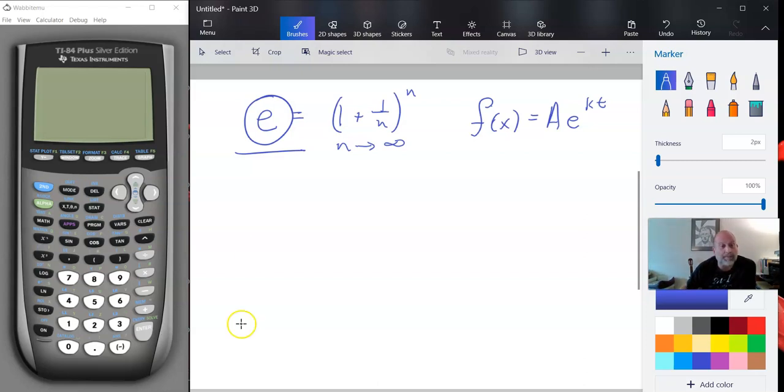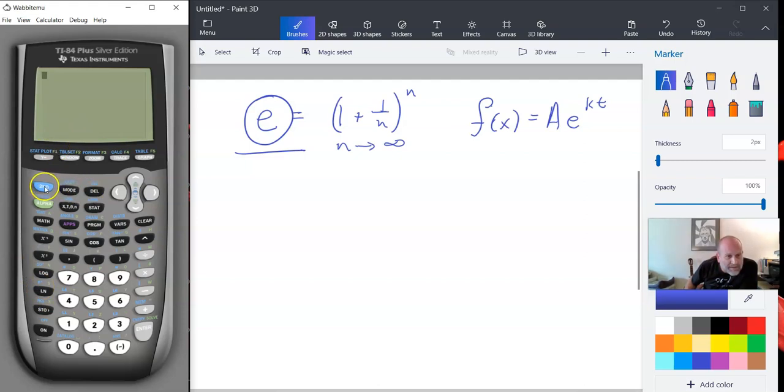Now, if you want an estimate of e, you find it on your calculator. You see this button that says ln. There's usually on all scientific calculators some button that says ln, and it's usually a second function to the ln. It's e to the x.